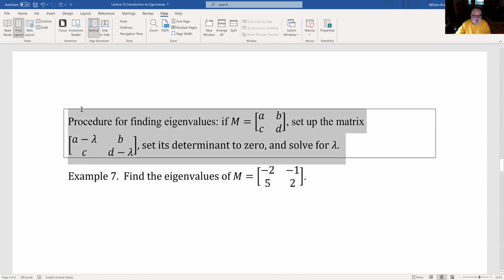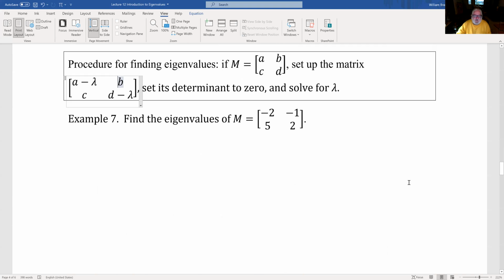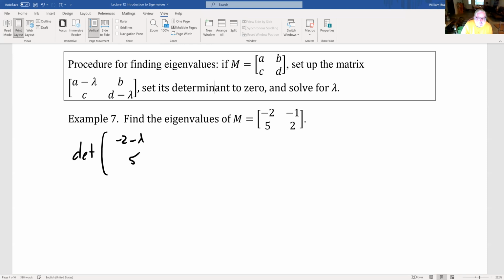So here's the procedure for finding eigenvalues. If M is A, B, C, D, set up this matrix, A minus lambda, B, C, D minus lambda, set its determinant to 0 and solve for lambda. So here's a matrix. Find the determinant. To find the eigenvalues, we take the determinant of -2 minus lambda, 5, 2 minus lambda, -1.